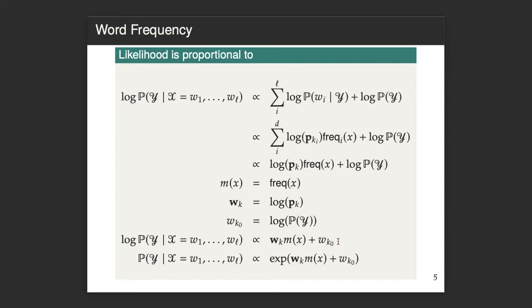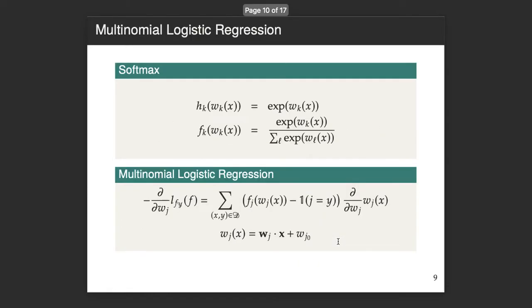So these two formulations are equivalent, but in the multinomial logistic regression, w needs to be obtained by using this equation in an optimization algorithm. That's the difference between the two approaches.